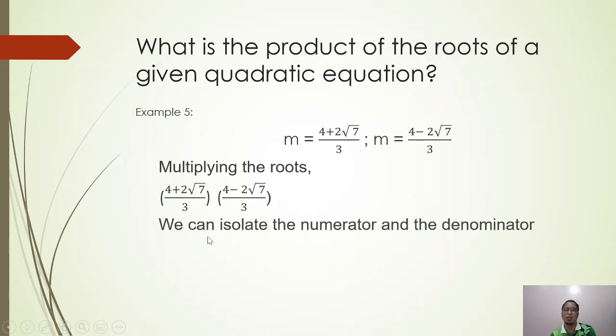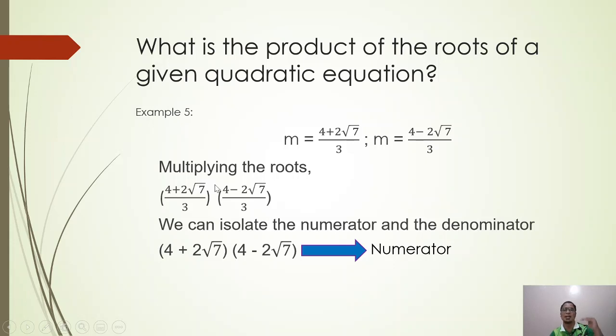So, what we did here is we can isolate the numerator from the denominator. Paghiwalayin lang natin. Ito yung ating tinatawag na numerator. Focus tayo dito. Ang numerator yung nasa taas ng fraction. Ano yung denominator? Natural, yung nasa baba.